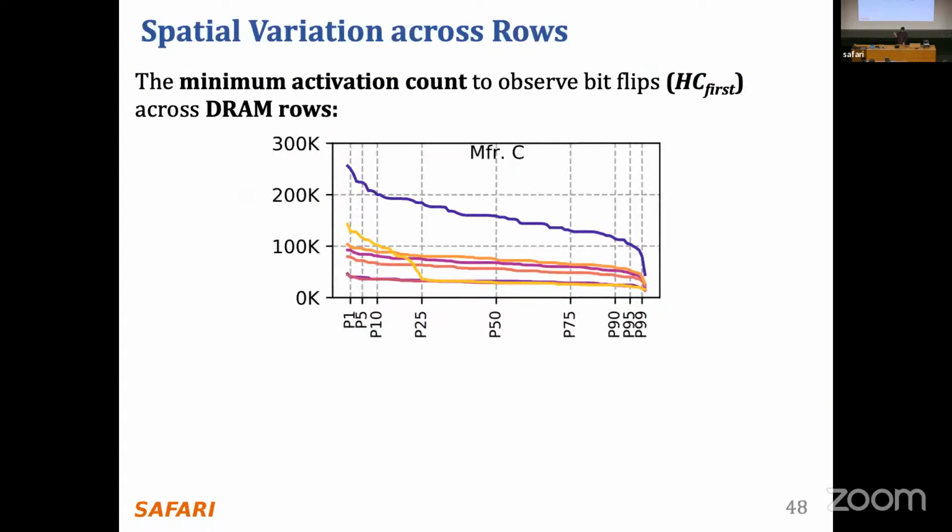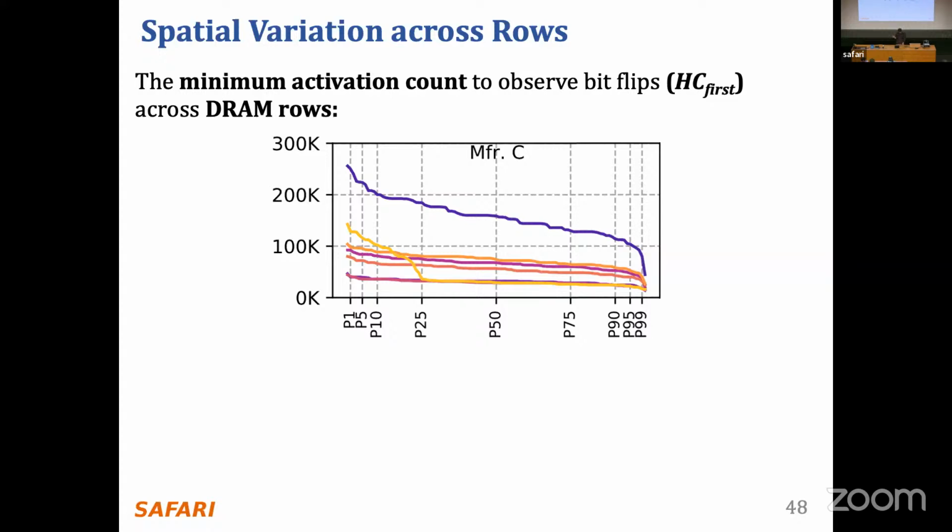And second, we look at the spatial variation of the RowHammer threshold across different rows in a bank. And we see that there is a huge difference between the highest RowHammer threshold and the smallest RowHammer threshold we observe in a chip.